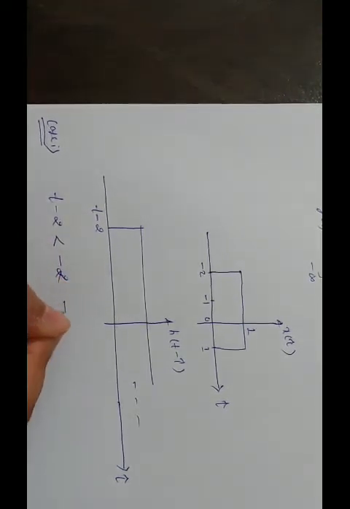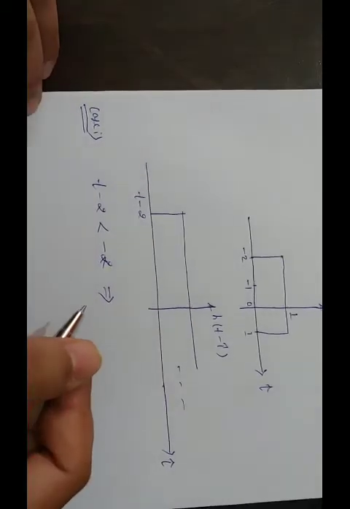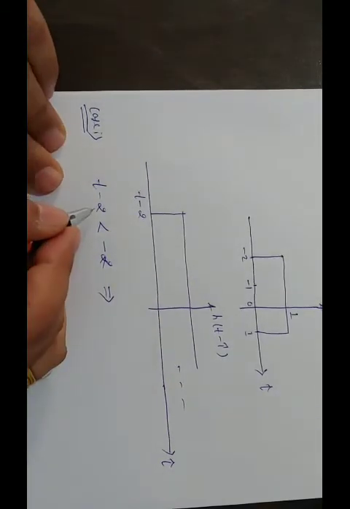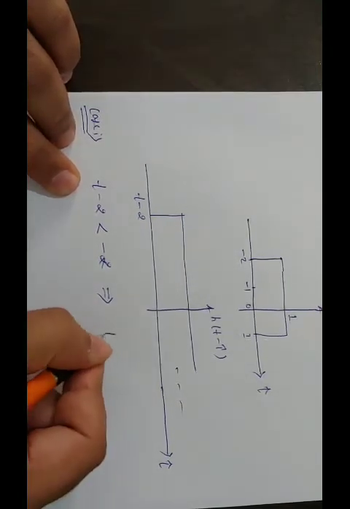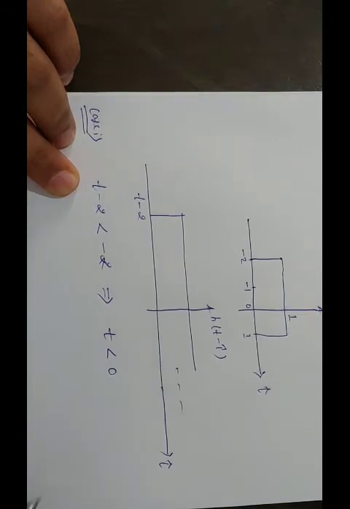This implies that if I bring this minus 2 to this side, it becomes plus 2. So totally, t less than 0.